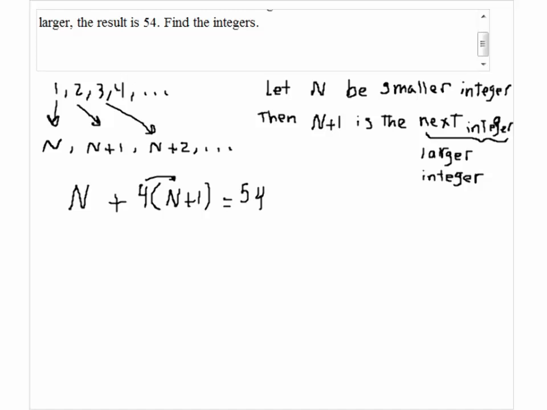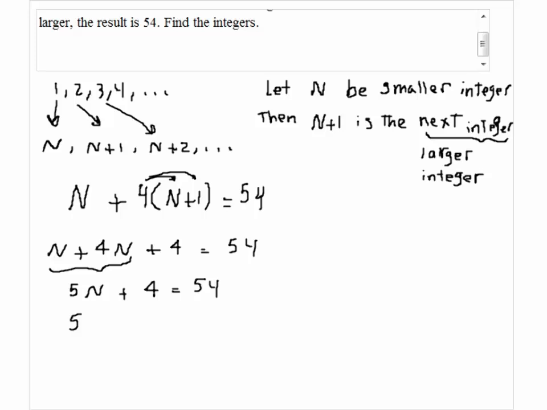We distribute, and we get n plus 4n plus 4 is equal to 54. Here we have 5n plus 4 is equal to 54. So we subtract 4 from both sides.